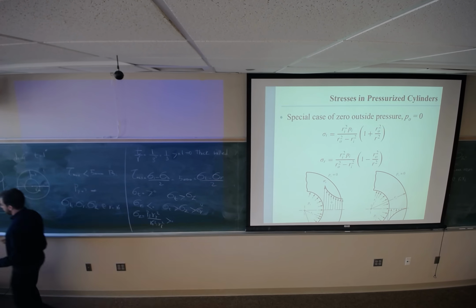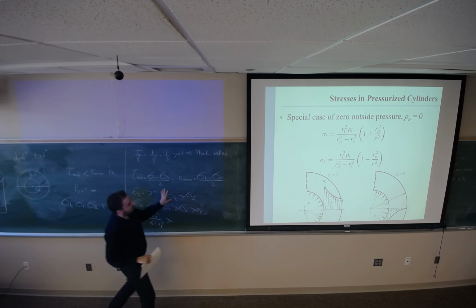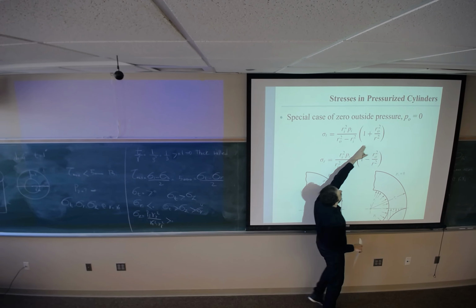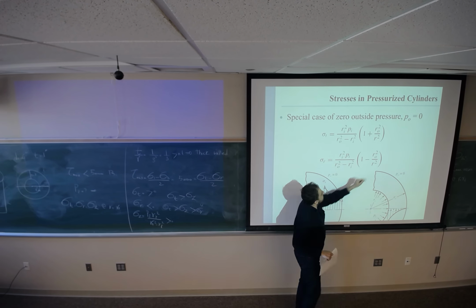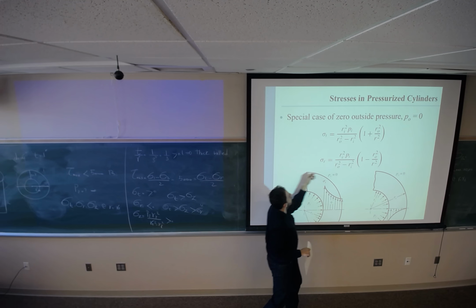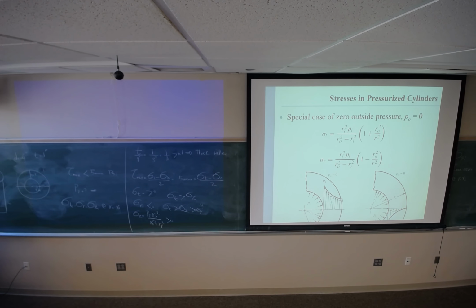So now I need to plug in r equals Ri for the tangential and radial stress, subtract, divide by 2, and set it equal to 5,000.